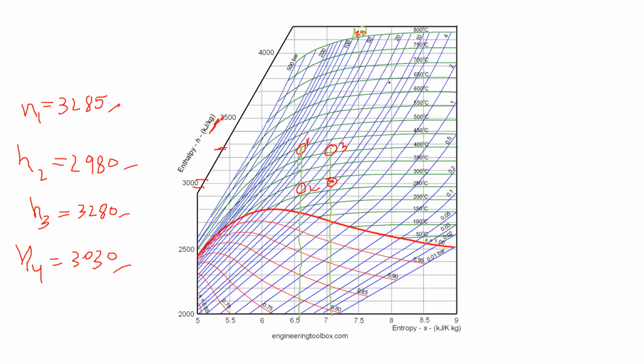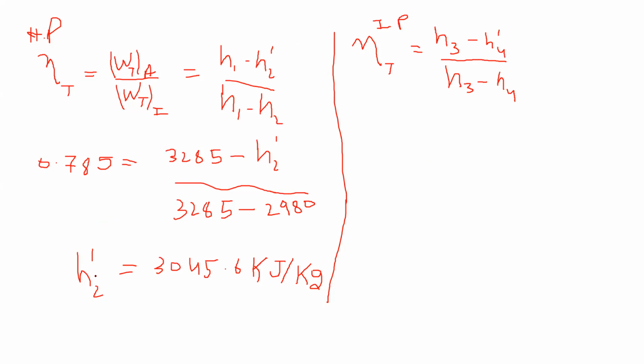Here the H3 value is 3280 and H4 is 3030. And the efficiency here I have to take as 0.83. That means 83% efficiency is there in the intermediate as well as the low pressure turbine.